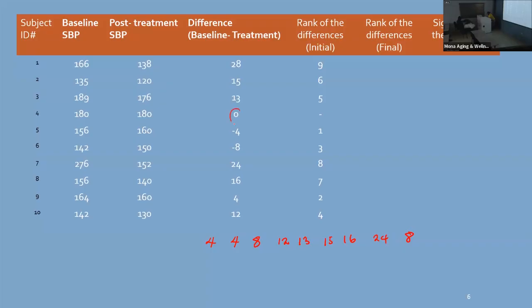So here, remember, whenever we have 0, 180 minus 180 gave us 0, we do not need to put this in the ordered pairs. We're going to ignore it, and our sample size is going to be reduced by 1.